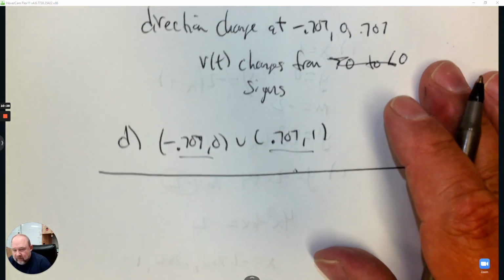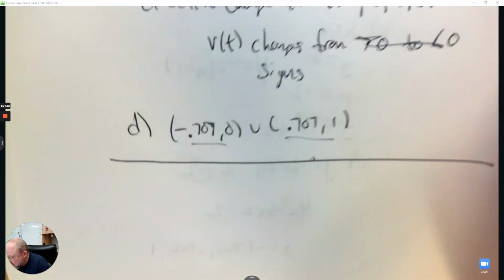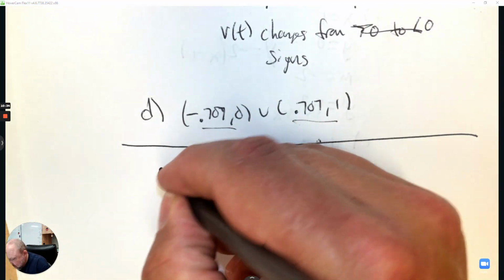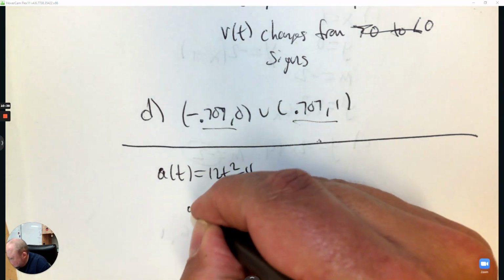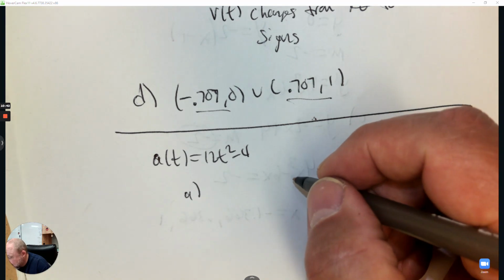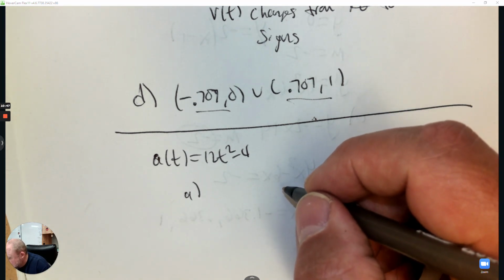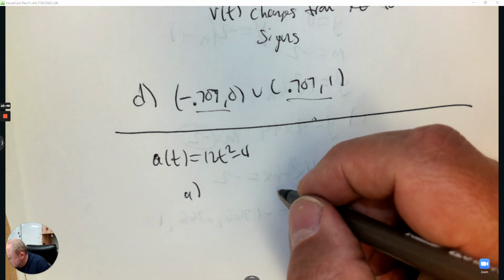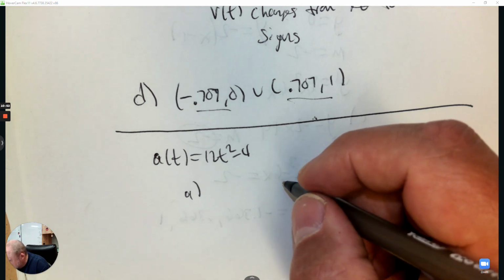All right, a particle initially at rest moves along the x-axis, so its acceleration is 12t squared minus 4. It gives you some values, and the position of the particle is 3.